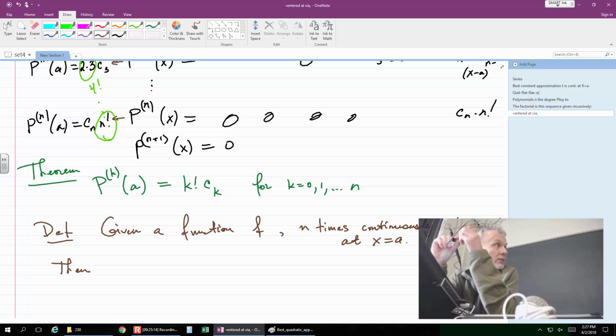what we are going to be studying is what's called Taylor polynomials and Taylor series. And a Taylor polynomial will satisfy that property.